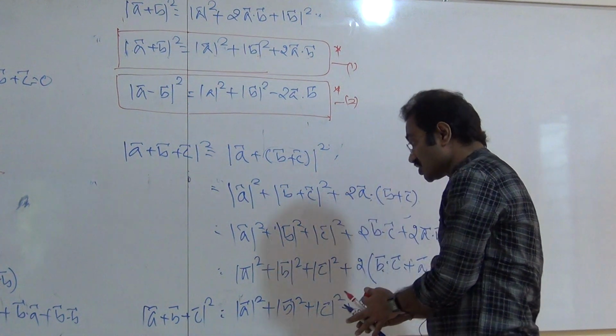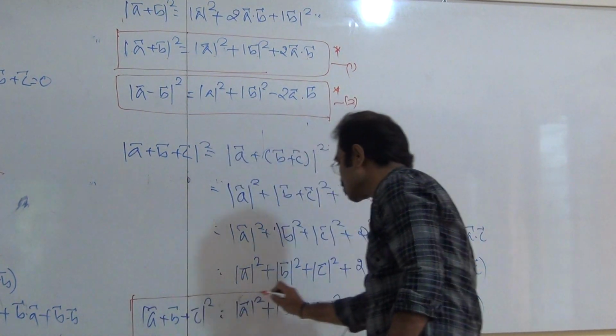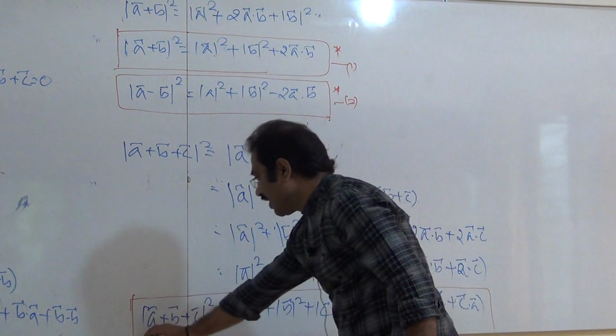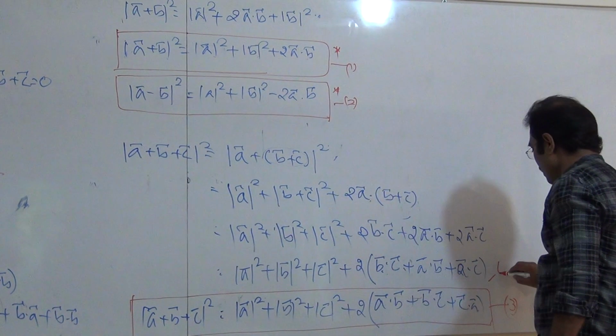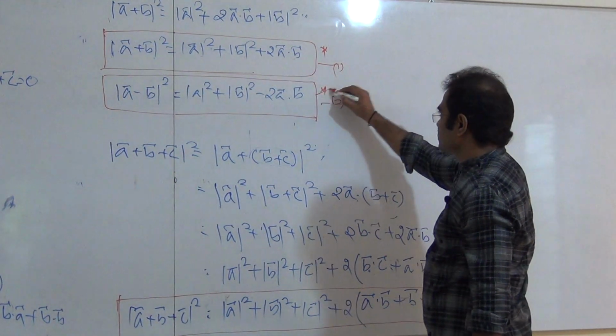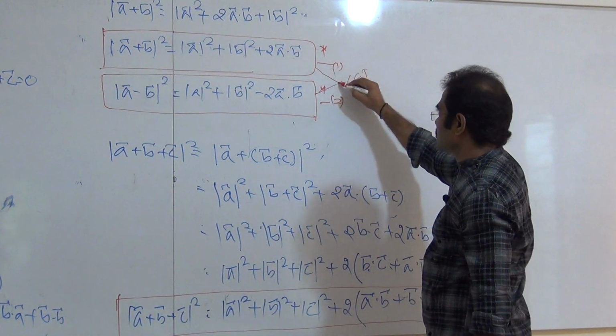This is another shortcut. You put a box to this. You will find all these questions in your CET. This is 3. This is for your CET and this is also for CET.